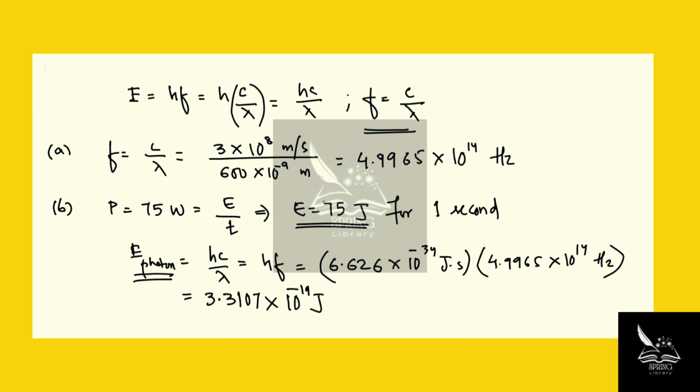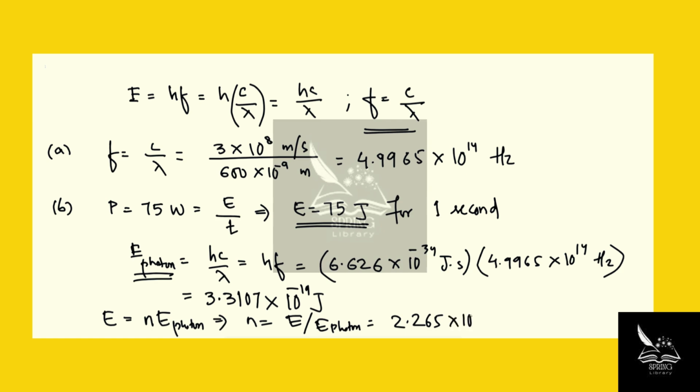Since this total energy is formed by the total number of photons, we can say that the total energy is n, where n is the number of photons in 1 second, times the energy of a single photon. So n can be found by dividing the total energy for 1 second, that is 75 joules, over the energy of a single photon. Substituting these two values, we get n to be 2.265 times 10 to the power 20.